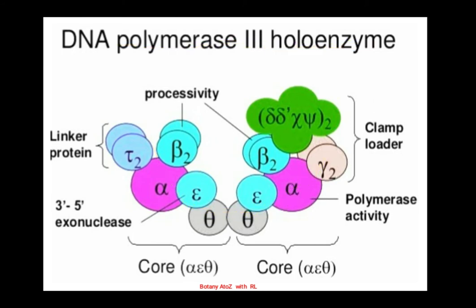They form 2 core components. They are more or less similar, except for the fact that one of the components has the gamma complex here, the clamp loader. We'll discuss it in detail in the next slide. So one of these components has the gamma complex.